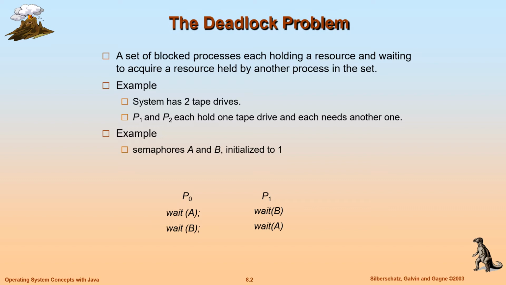And for the wait B operation, if you decrement further, 0 will become negative. So it is called a deadlock operation. If these two processes run these atomic operations like this, wait A decrements, and then wait B cannot decrement. So it leads to the deadlock state.